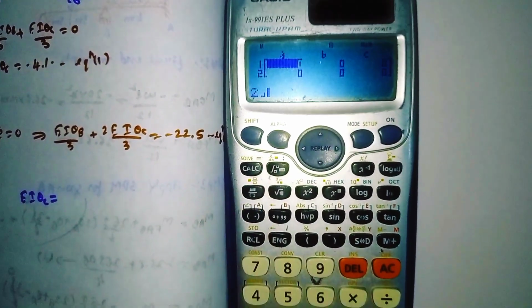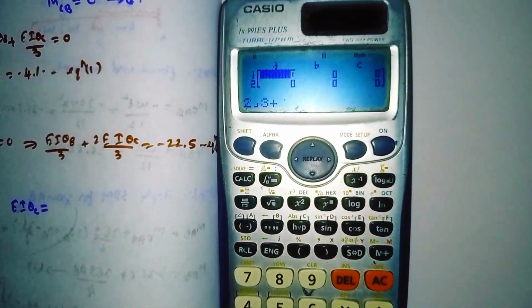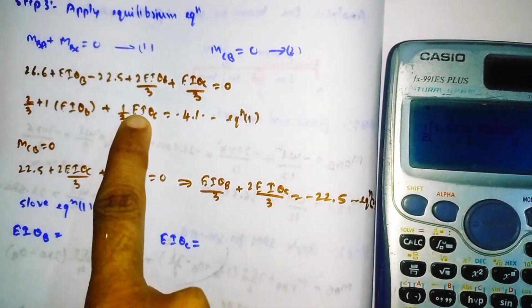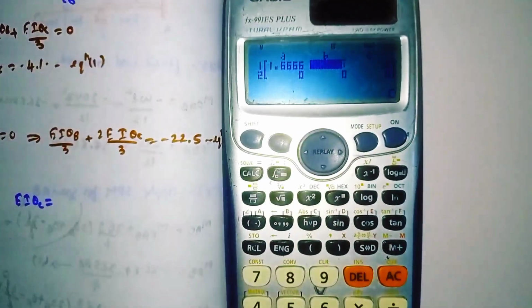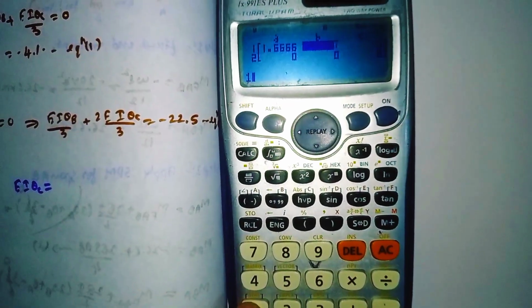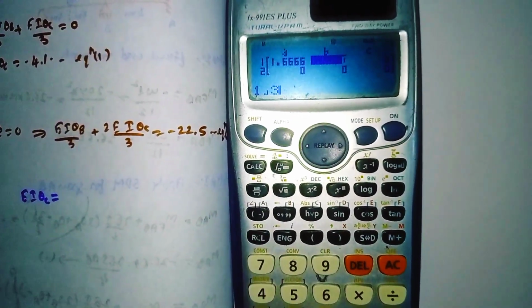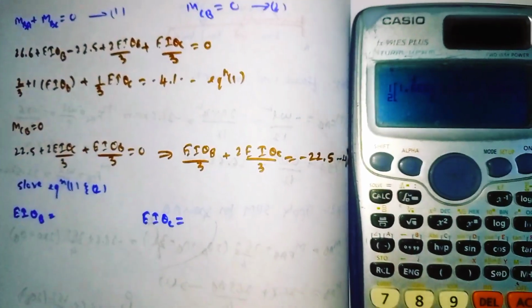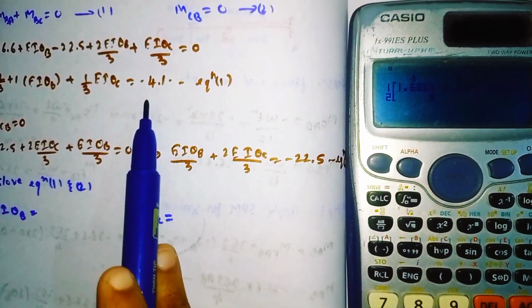2 divided by 3 plus 1 is equal to 1 by 3. So 1 divided by 3 is equal to 1 by 3. 1 by 3 is equal to minus 4.1.